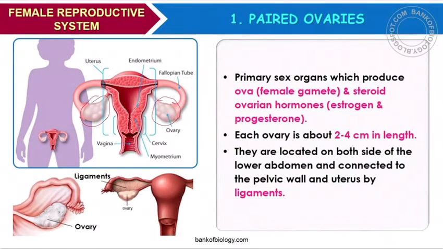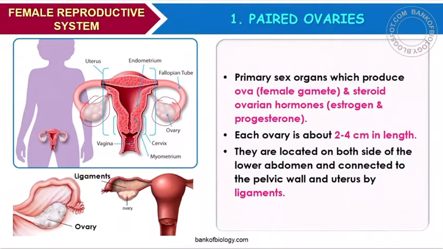They are situated in the abdominal cavity, whereas the male gonads are situated outside the abdominal cavity in a bag-like structure called the scrotum. Here the gonads are situated inside the abdominal cavity. Ovaries are the primary sex organs which produce ova, plural of ovum, the female gamete or female sex cell.